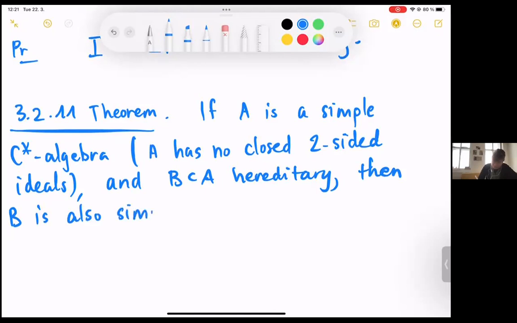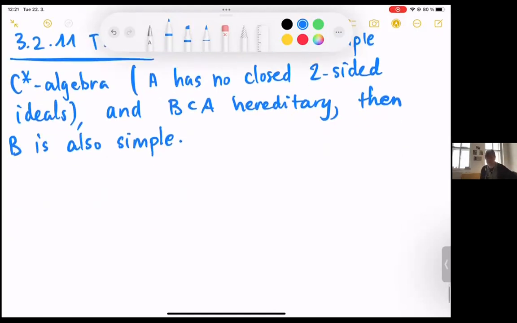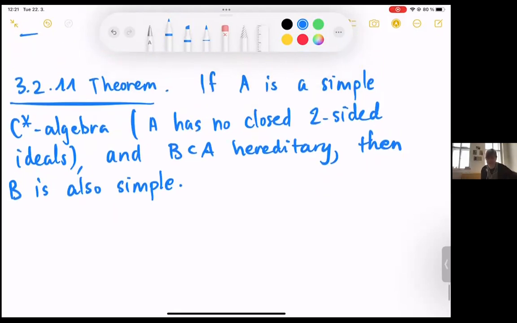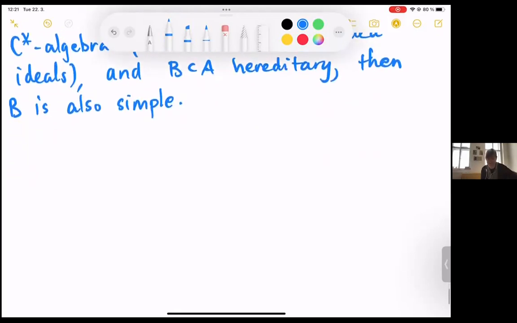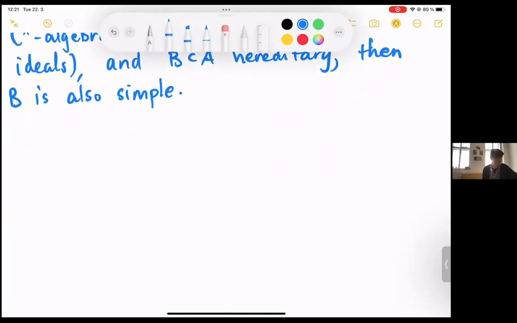So this is quite a nice feature. Hereditary subalgebras actually inherit a lot of their traits from their containing C star algebra, for example, simplicity.